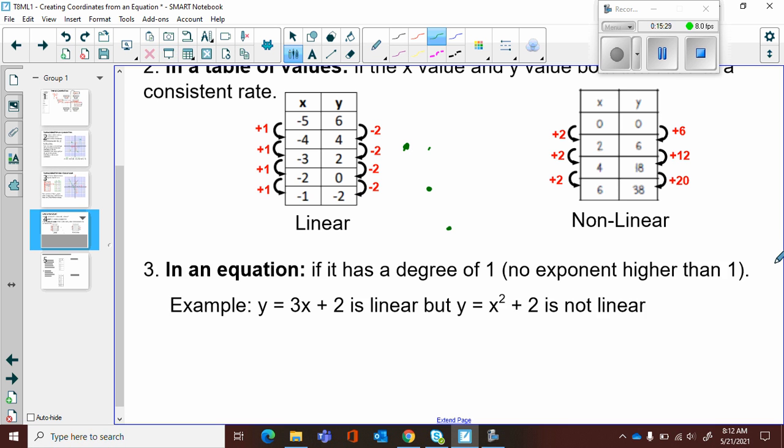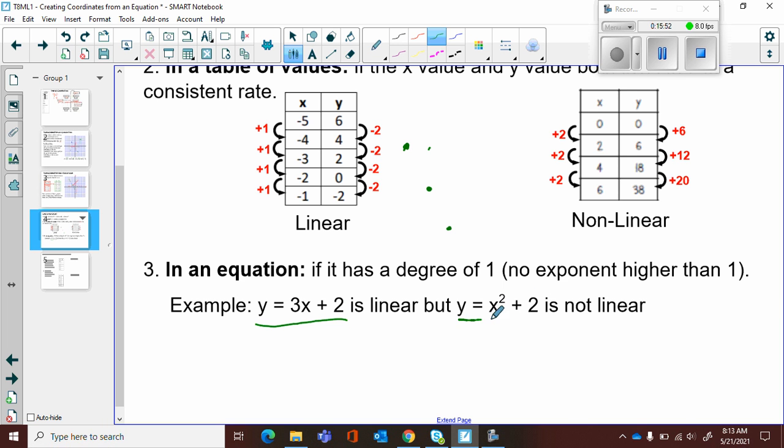So finally, we can tell just from an equation if a relationship is linear. If an equation has a degree of 1, then it is considered linear. It means there's no exponent higher than 1 in an equation. So this equation here, y equals 3x plus 2, is linear because there are no exponents greater than 1.